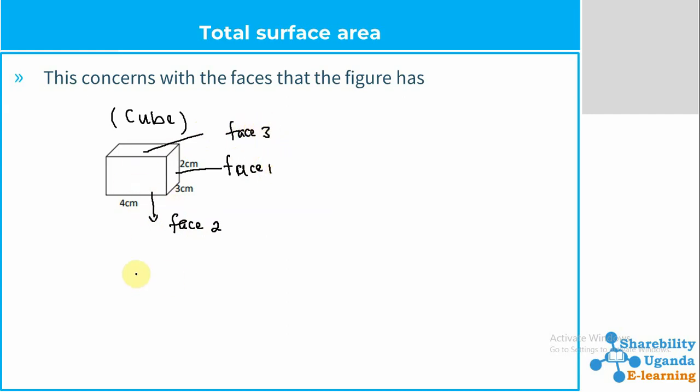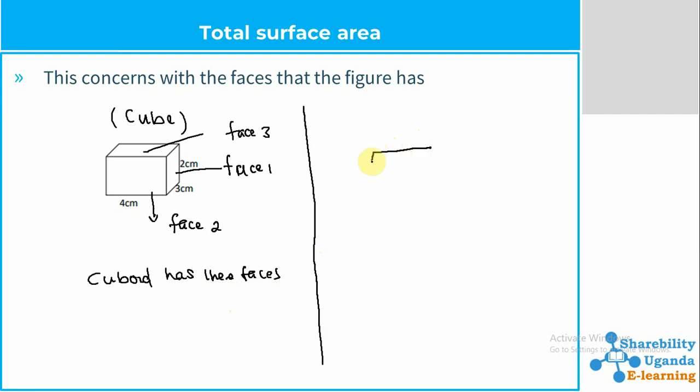So now we can say that our cuboid which is given has 3 faces. Now when it comes to these cubes or cuboids, there are those that have more than one face. Let me show you the one that has more than one face.